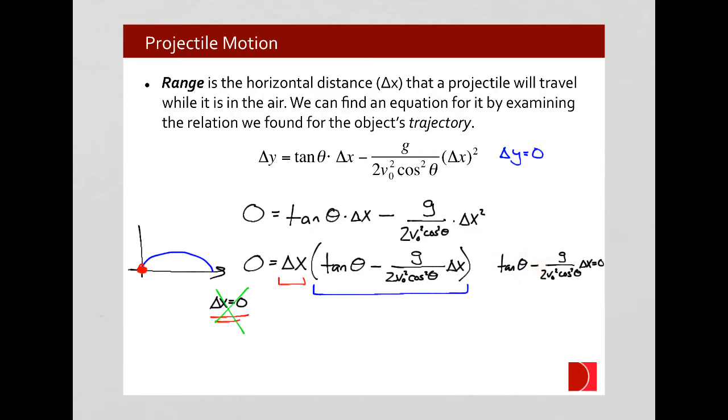If this term minus that term equals 0, that tells us that this term must equal that term. And so we can rewrite that as well. Now, if we wish to find delta x, we can solve for delta x here.